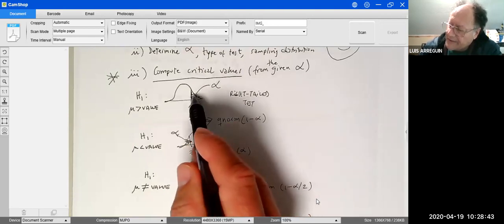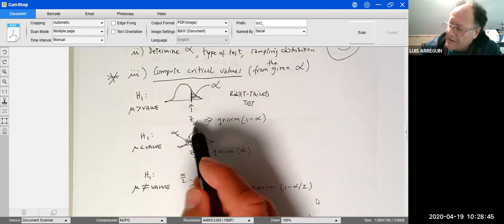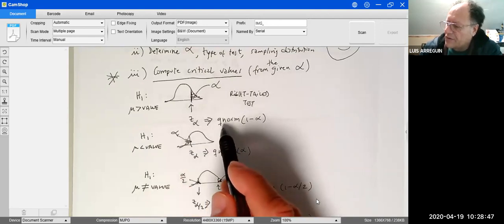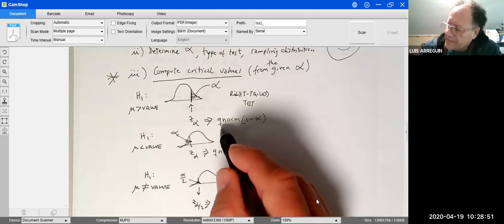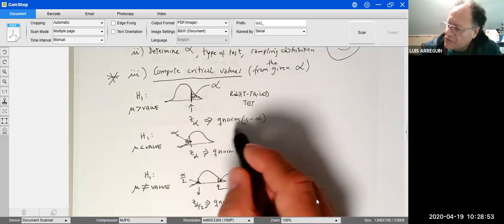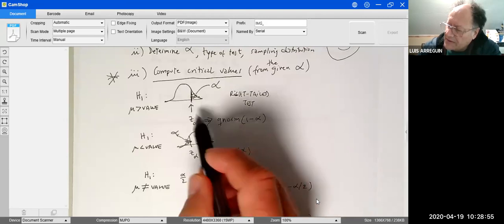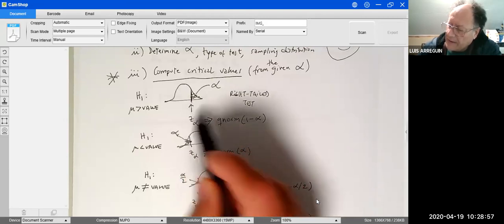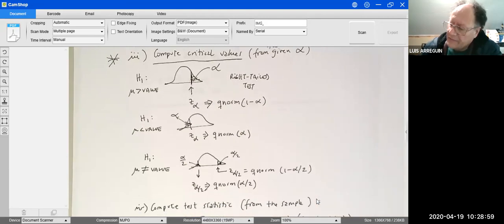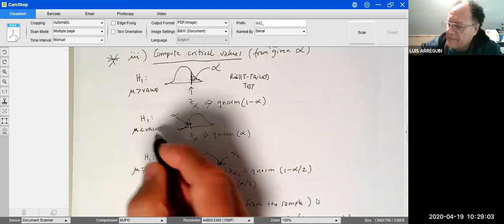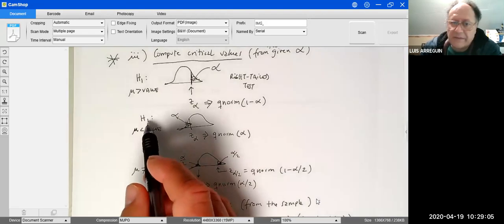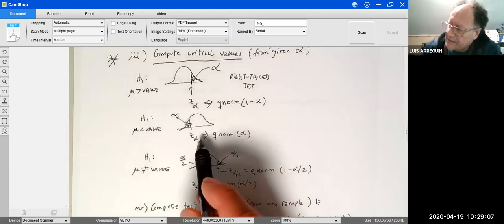So alpha is the area. This z alpha is going to be computed by using qnorm of 1 minus alpha. This is very simple. This is the command in R that we're going to use to compute this critical value. Then if your parameter is less than a value in the alternative hypothesis, then you have a left tail test.